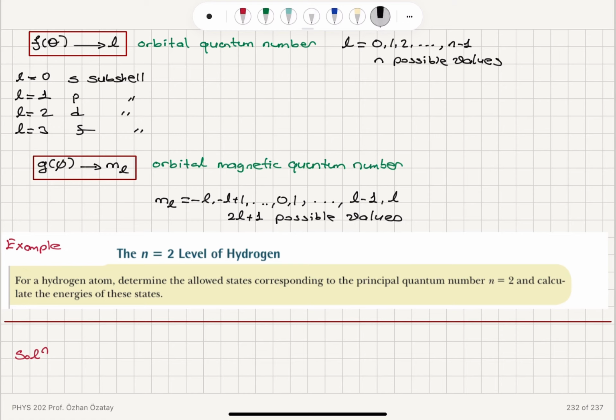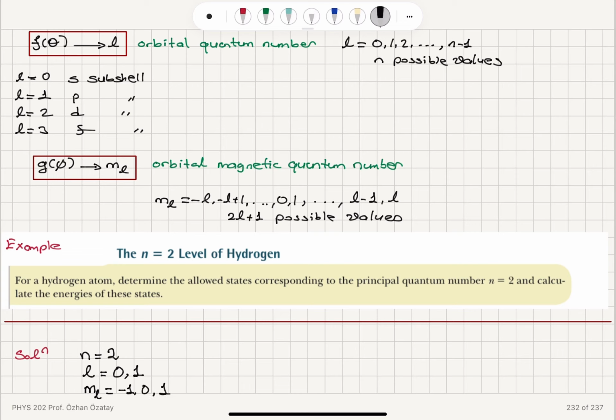So n is equal to 2, remember, is due to the radial solution, and due to the azimuthal solution, we have L, the orbital quantum number, which can take values 0 and 1 up to n minus 1, and the polar solution gives us the magnetic quantum number M sub L, which can take values between minus L and plus L, so it is minus 1, 0 and 1.